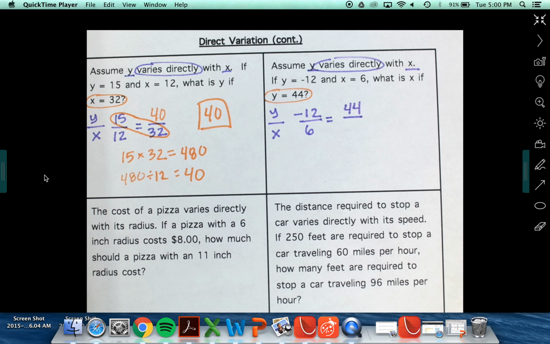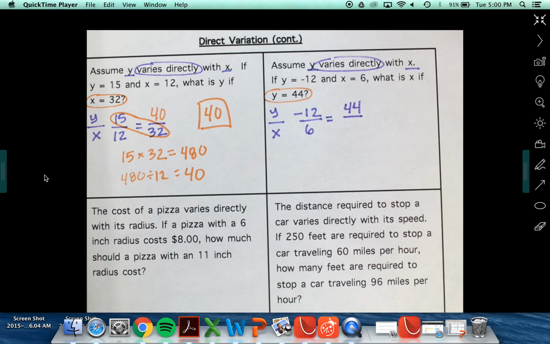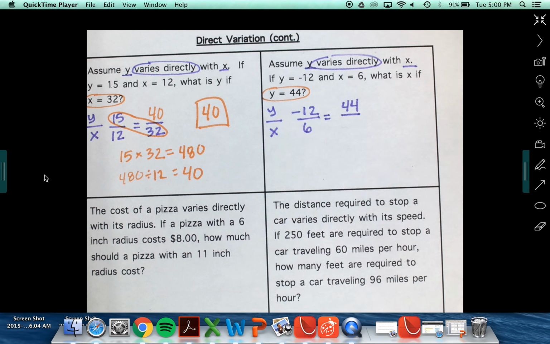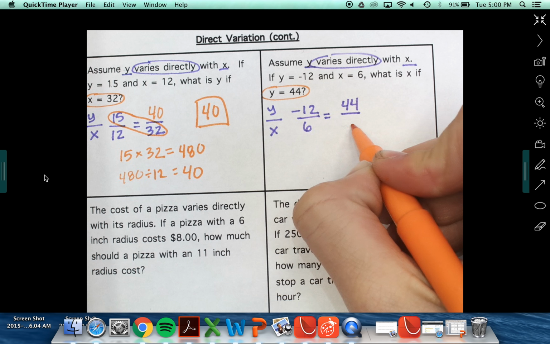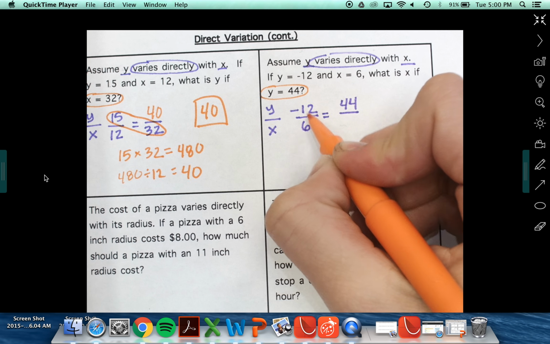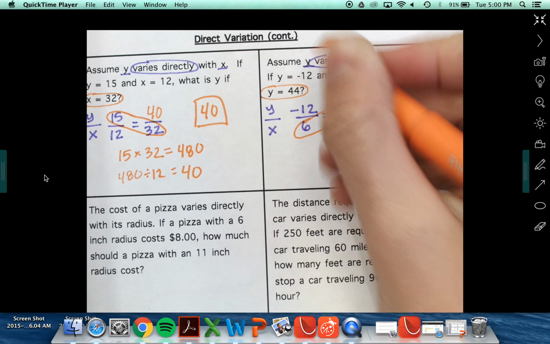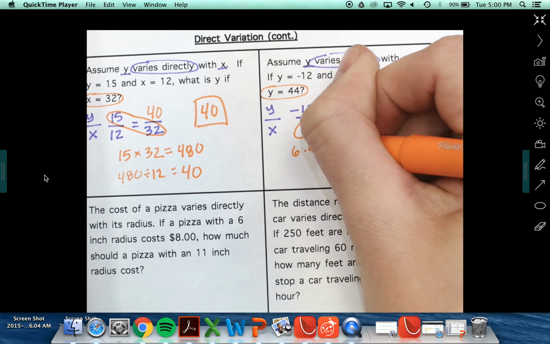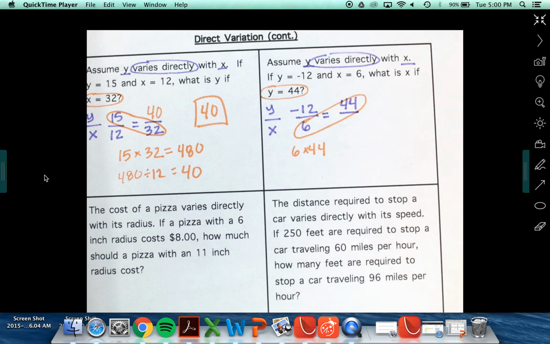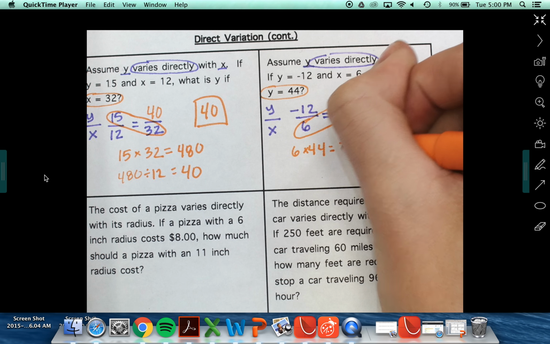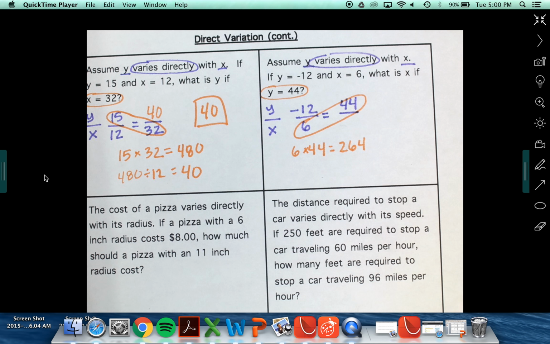Next, I can cross multiply. Notice there's nothing across from negative 12, nothing diagonal. So I'm going to multiply 6 and 44. 6 times 44 gives me 264.